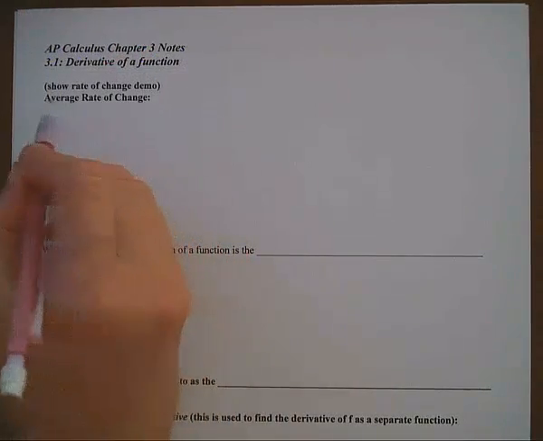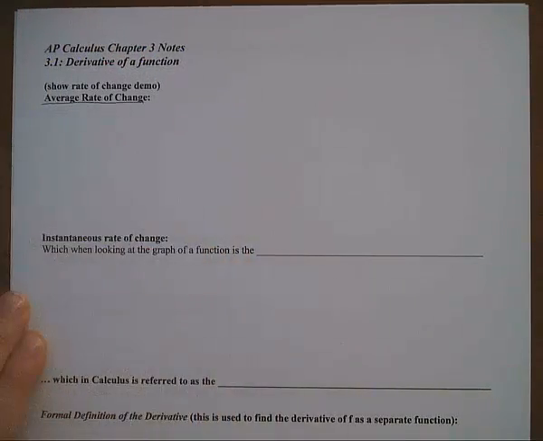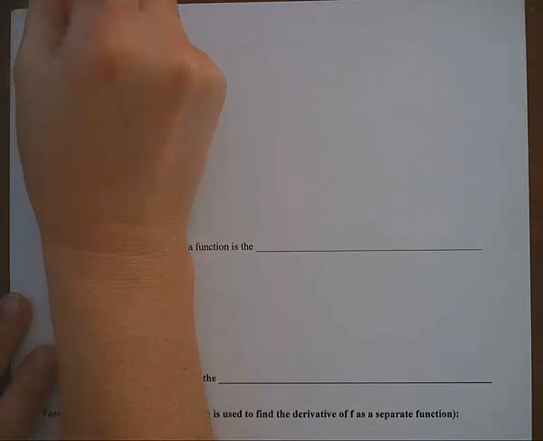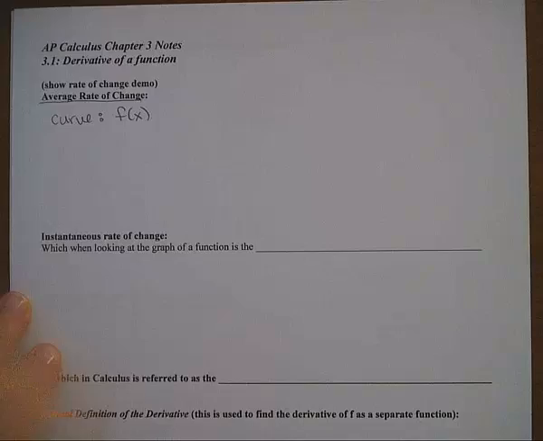So what I'm going to do now is give you a formalized definition and formula for the average rate of change. So first, we have a curve, and let's just go ahead and call that curve f of x. And for this average rate of change, we're going to need 2 points along that curve.